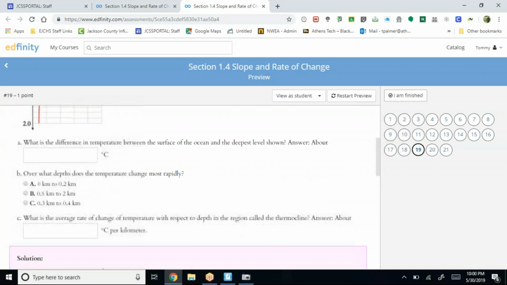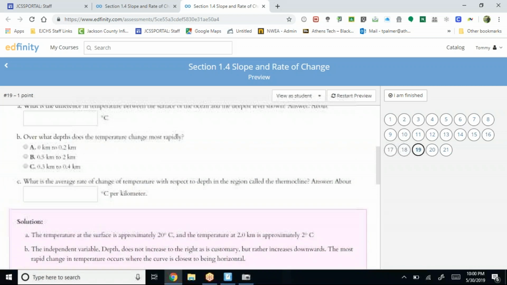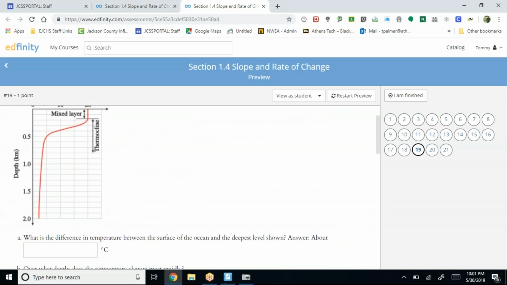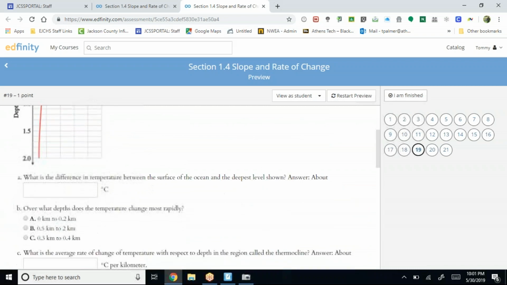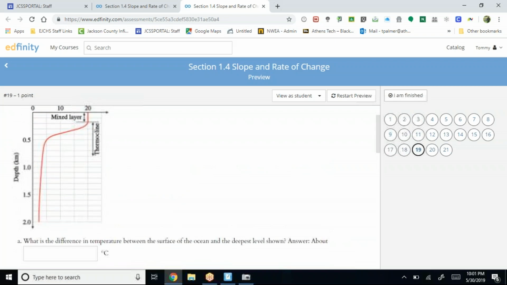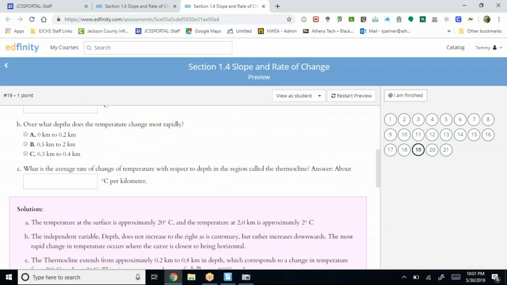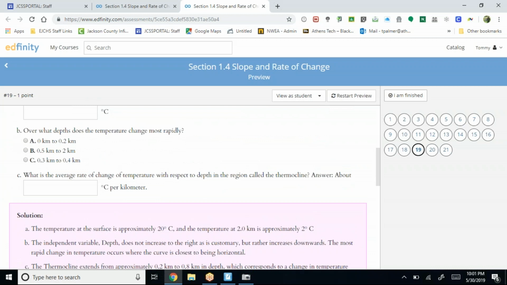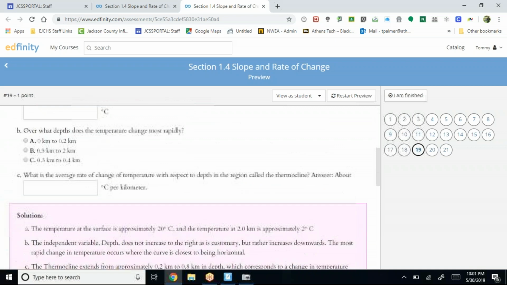The temperature at the surface is approximately 20 degrees C. Okay, surface, and then, oh, duh. But I don't see how they got 2 from right there. It's 20. And then there's 2.